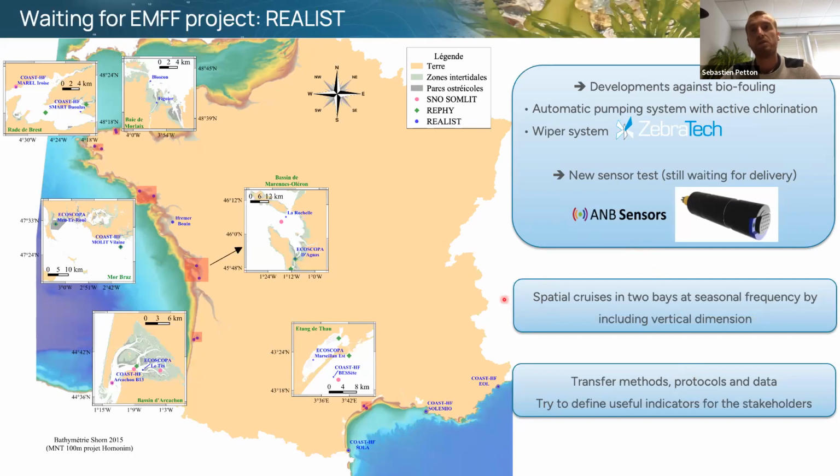Another part of this project is also to add special cruises, especially to better characterize the relation between alkalinity and salinity at the sites. And also, as it was a requirement of our policymakers, to transfer this method and tell them how it is done in the field. So I thank you for your attention. If you have any questions, I'd be glad to answer them. Thank you.